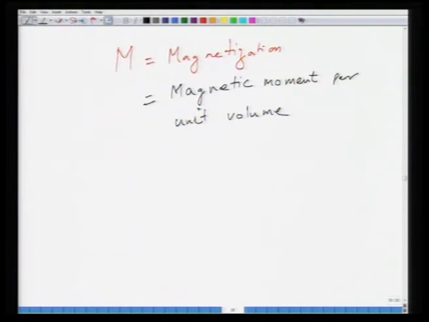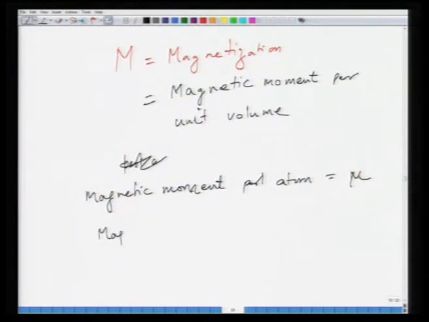So, just like we saw in case of ferroelectrics or dielectrics, we had this definition of dipole moment, here you can have a magnetic moment per atom as mu.